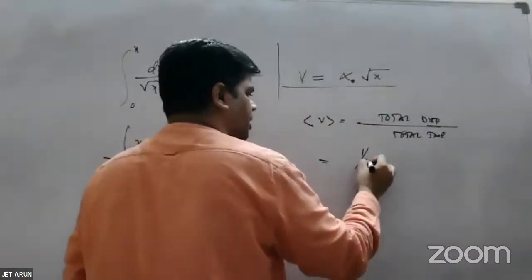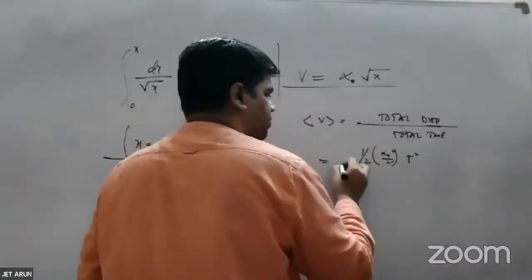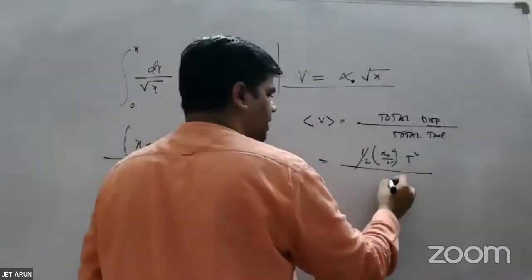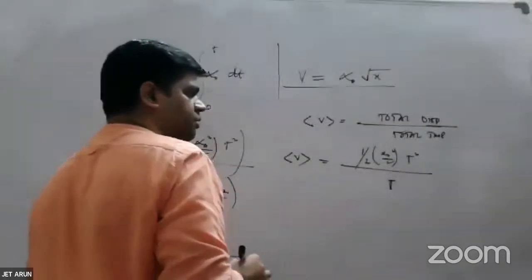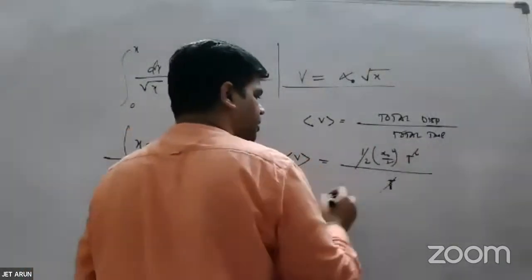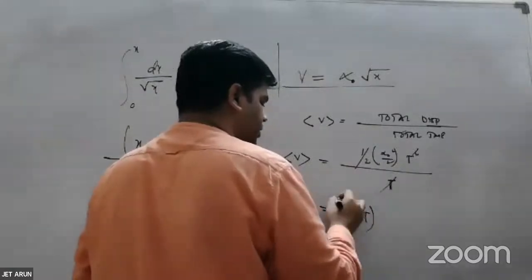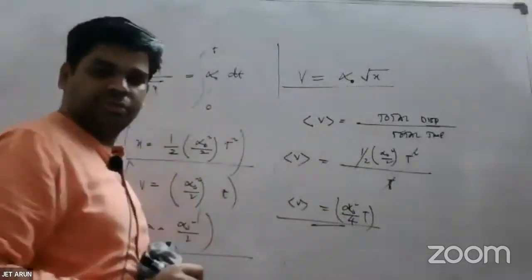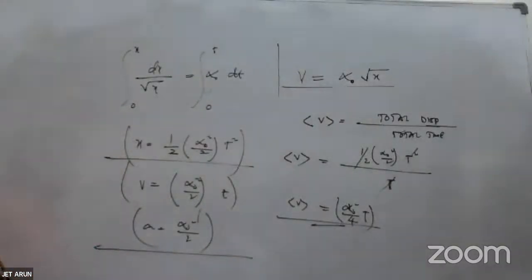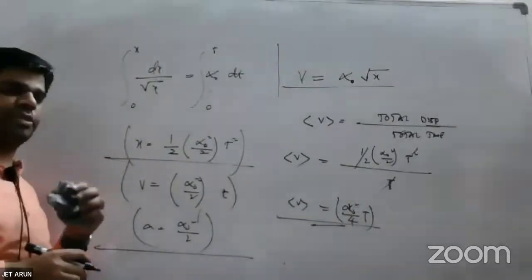Total displacement is half alpha square by 2 into t square, divided by total time taken t. One t cancels, and I'll get alpha square by 4 into t. That's it. That's the average velocity of the particle when it travels for time t, when it covers a distance of half at square.